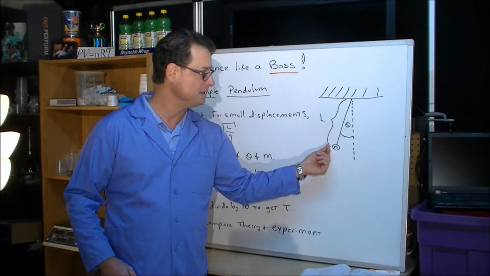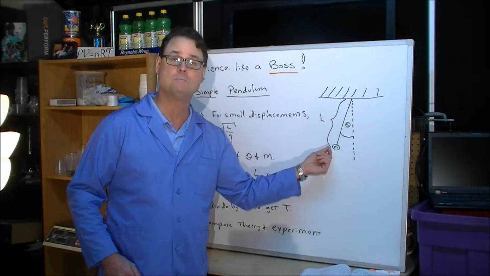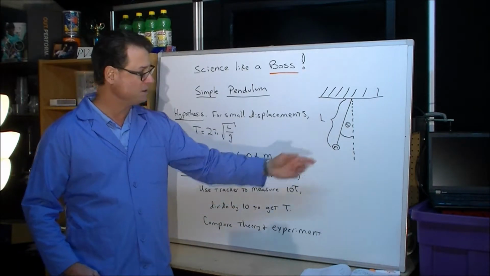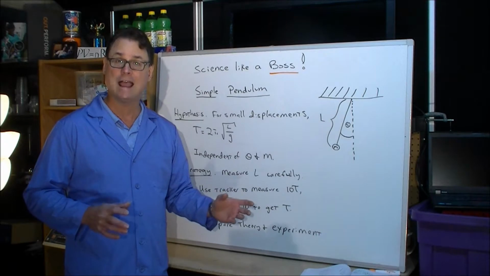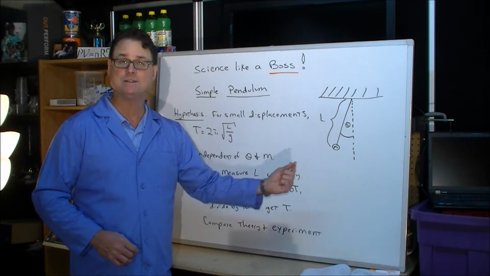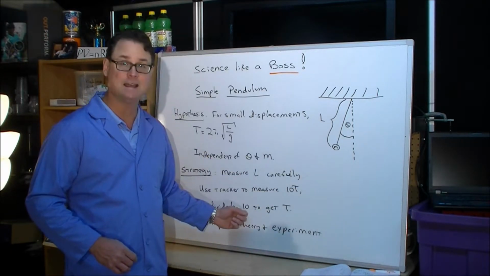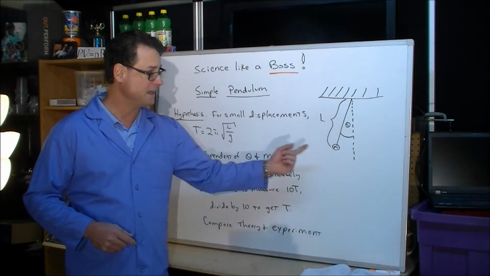It's not just the time it takes to swing one way, it's got to go this way and then come back to its initial position. So we're going to take a video of it swinging back and forth at least 10 times. Then we're going to use Tracker to accurately measure the time it takes to swing back and forth 10 times. And then we're going to divide those 10 periods by 10 to get the time for one.